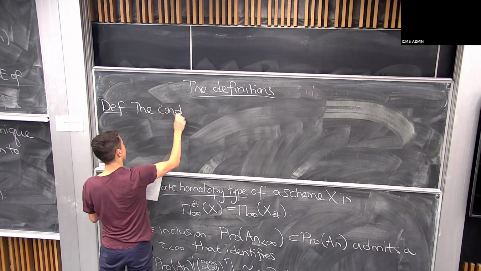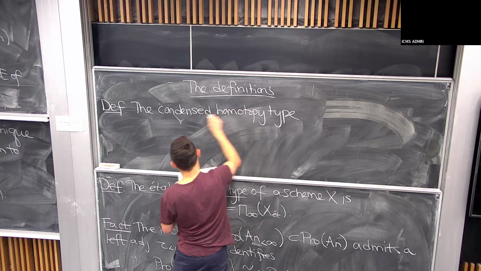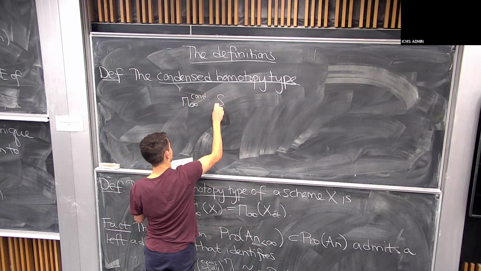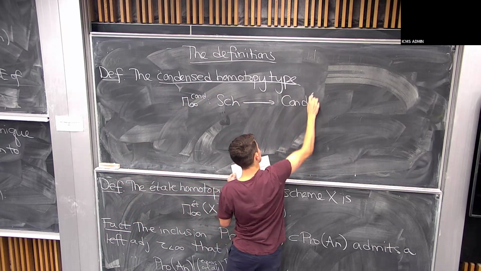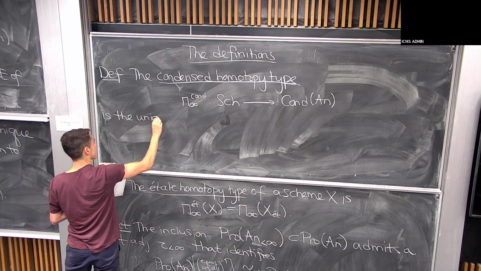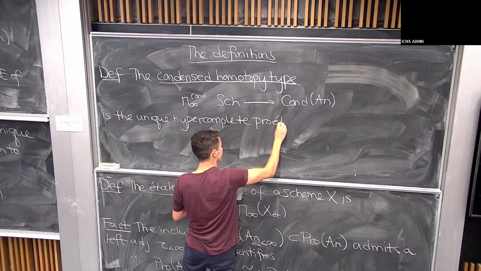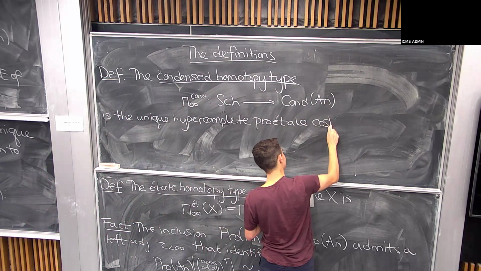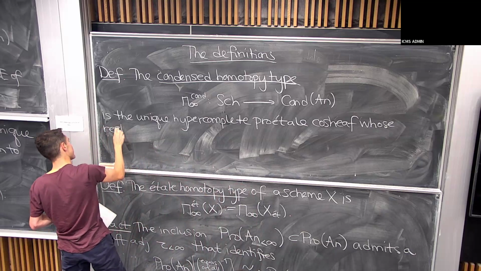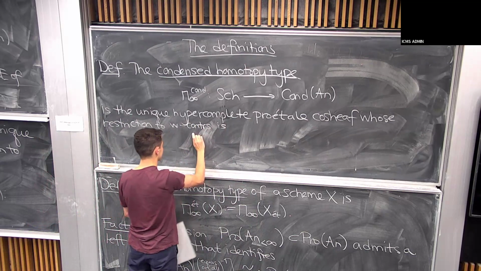The condensed homotopy type, which I'll call pi infinity cond, going from schemes to now condensed anima, is the unique hypercomplete pro-étale cosheaf whose restriction to these W-contractibles is exactly as I wrote before.